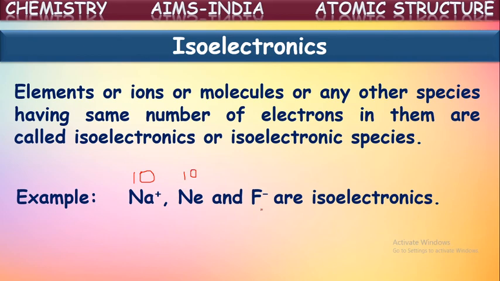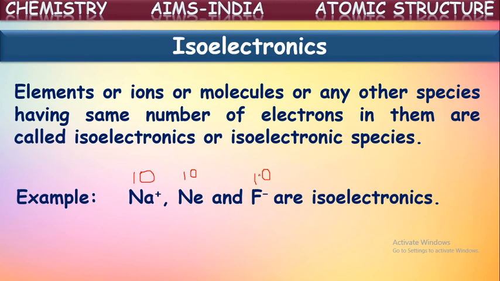What about fluorine? The atomic number of fluorine is 9. It will have 9 electrons, but it is mentioned here F− ion, which means it gained 1 electron. The total number of electrons in F− now becomes 10. So these three have the same number of electrons. So these are called isoelectronics or isoelectronic species. They might be atoms or ions or molecules, whatever they might be. If they have the same number of electrons, then they are called isoelectronics.